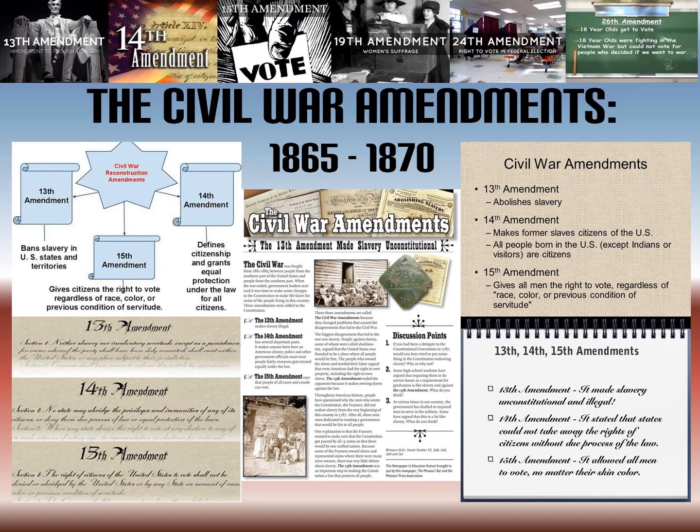So before the Civil War ends, in 1863, Abraham Lincoln is going to pass the Emancipation Proclamation. It was just an executive order, we talked about that before, that basically told slaves that they were free. But during this period, he also worked on the 13th Amendment, which was to abolish slavery.